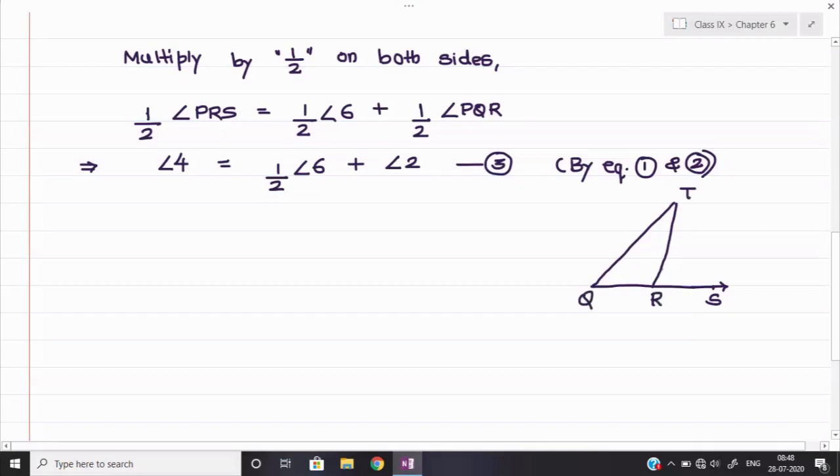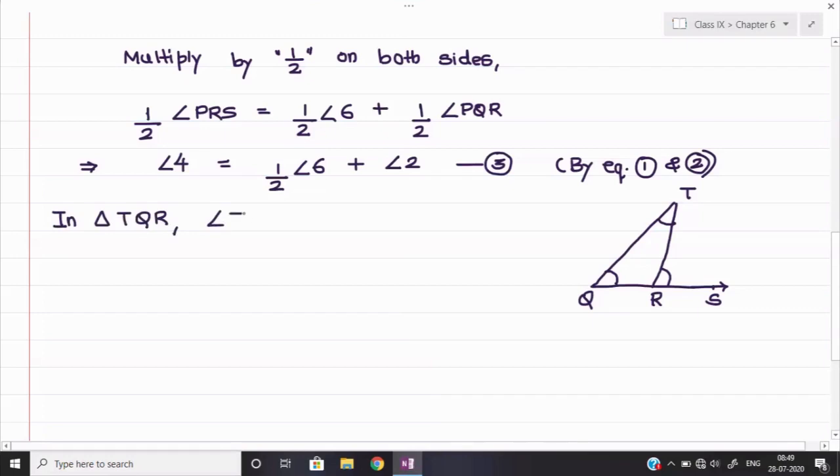So now look at this angle. This angle name will be angle TRS, and angle TRS will be equal to the sum of angle QTR plus angle TQR. Okay, so that only we shall mention here. So here we shall write down in triangle TQR, who is my exterior angle here?